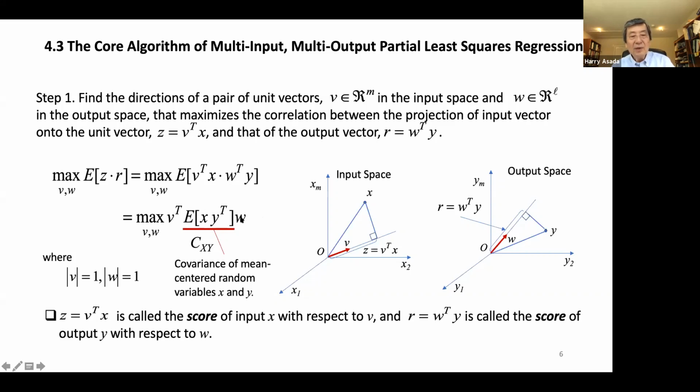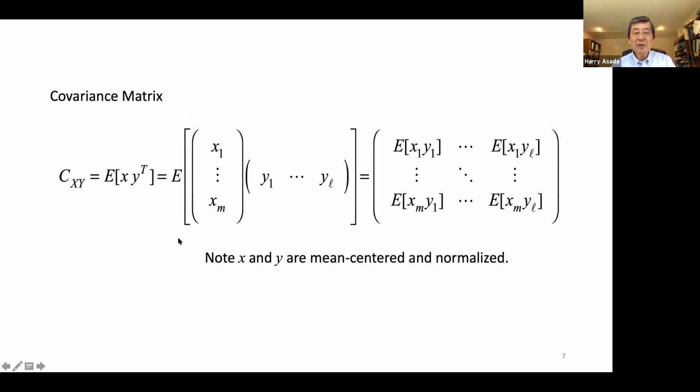We can factor out the W and the V, which are not random variables, so we can write it this way: expectation of X times Y transpose. This one is a little bit more involved, so let me do a quick review of the covariance matrix.